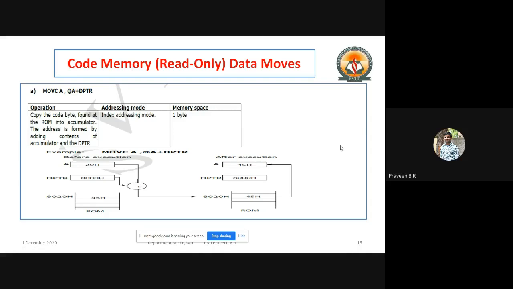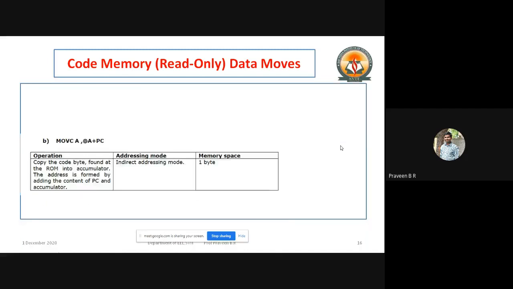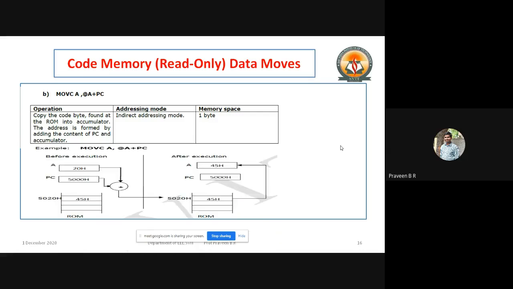So we are taking help of 16-bit registers. What are the 16-bit registers? Data pointer is a 16-bit register and program counter is a 16-bit register. So with the help of program counter and DPTR, we are going to perform the operation. As I told you, here the program counter is pointing towards 5000 H memory location.